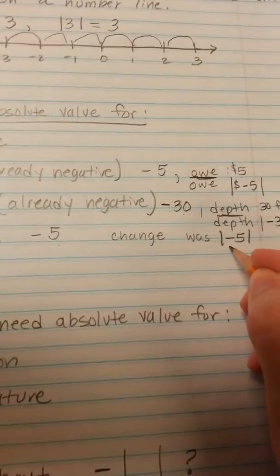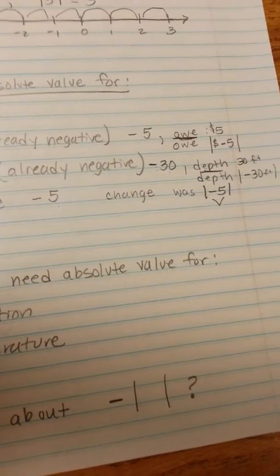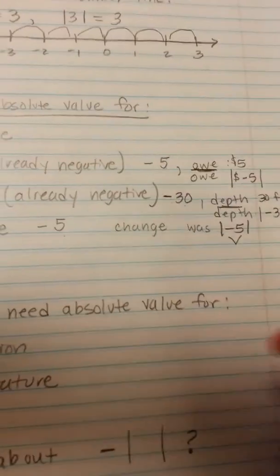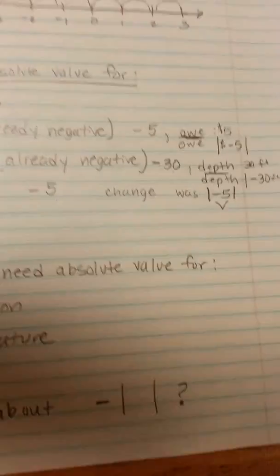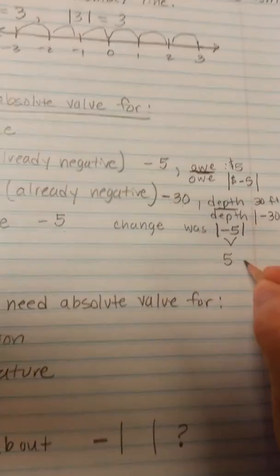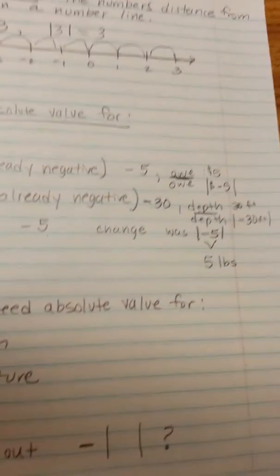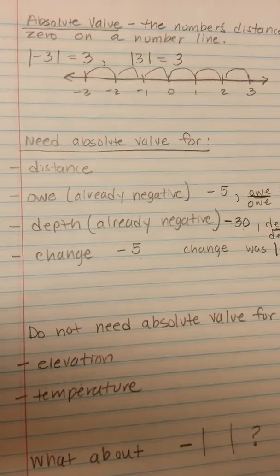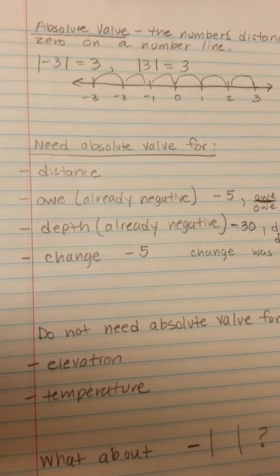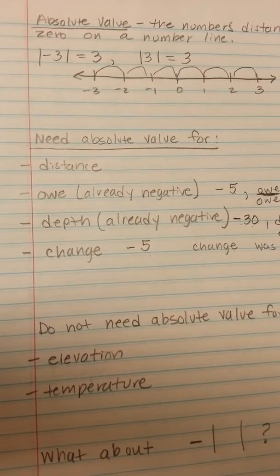It's the absolute value of -5. Because you wouldn't say the change was -5 pounds. The change was simply 5 pounds. So those are the things in which we must use absolute value. Distance, what you owe, depth, and change.